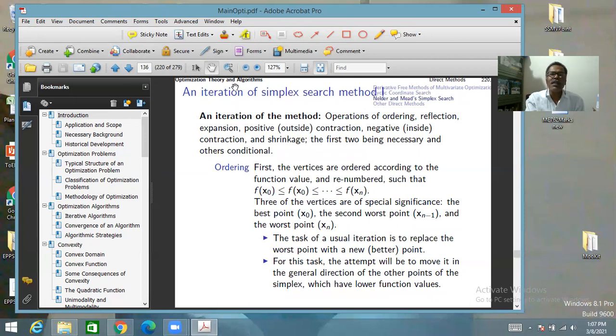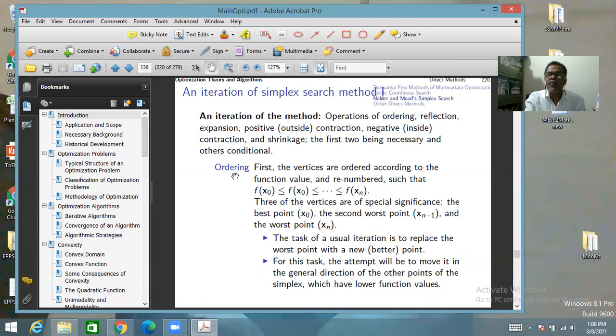So during each iteration, there is a scope of these operations: ordering, reflection, expansion, contraction of 2 types, positive, outside the simplex, and negative, inside the simplex, and shrinkage. Now, ordering and reflection, these two will be done in every iteration. And depending upon the reflection results, we will decide what to do out of these. So these are conditional.